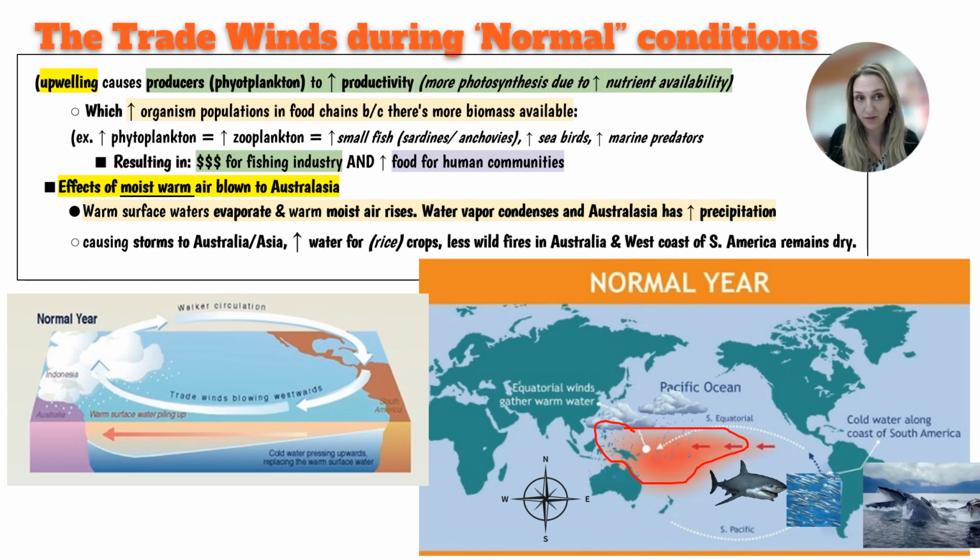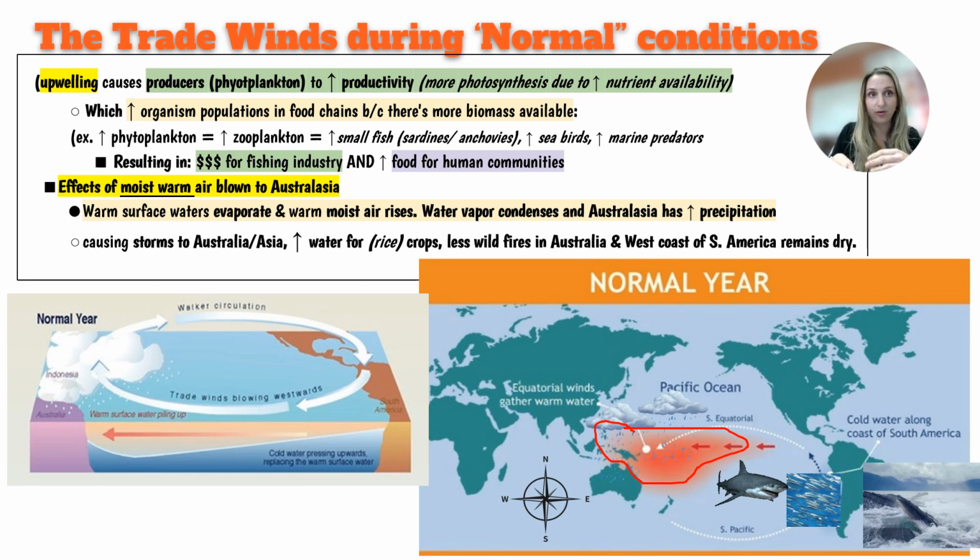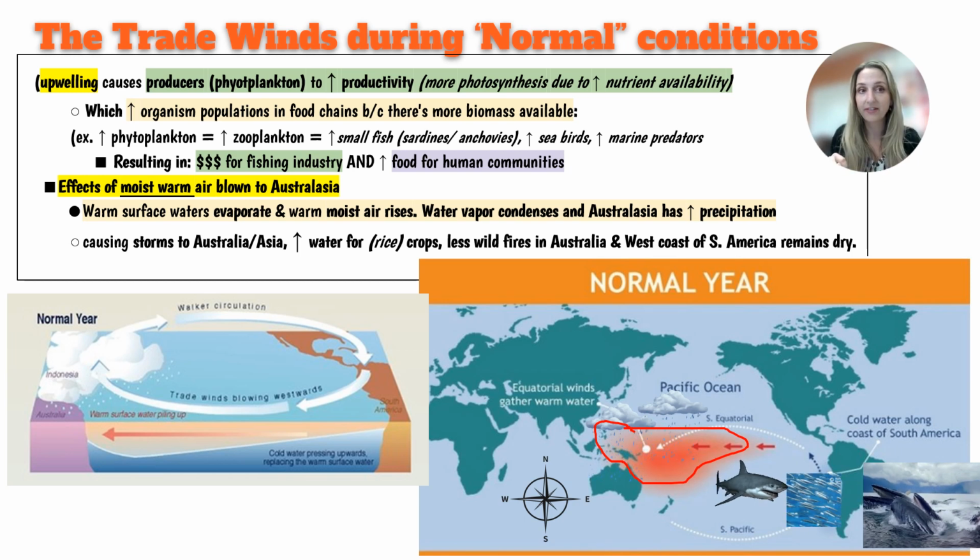When you have a lot of mountains and you have increased rain, couple that with deforestation, which we don't talk about in this class, but that is a reality of what's happening in South America, you have nothing to hold down that water in the ground. So you have rock slides, you have mudslides, and it's quite devastating. But that's not what's happening here. South America is going to stay dry. So this is all what should be happening in a normal condition.